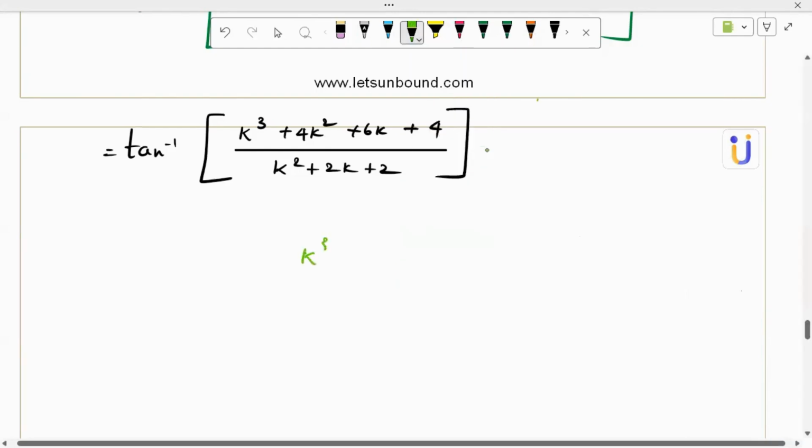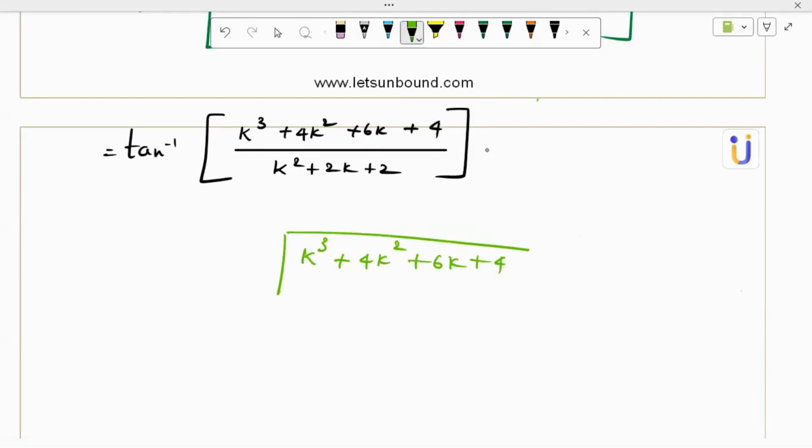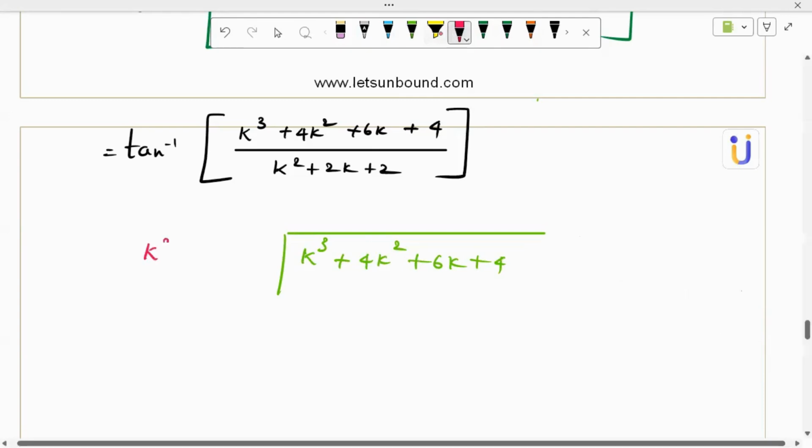k cube plus 4k square plus 6k plus 4 divided by k square plus 2k plus 2. Let's start multiplying it. It's just k, right?